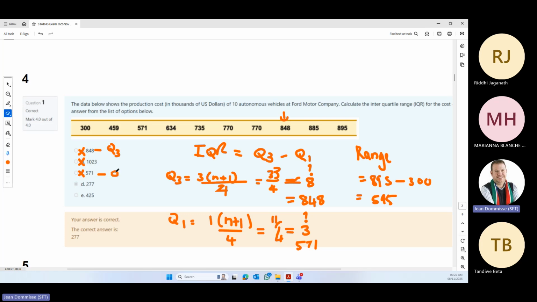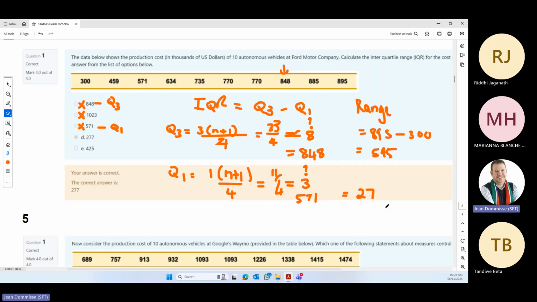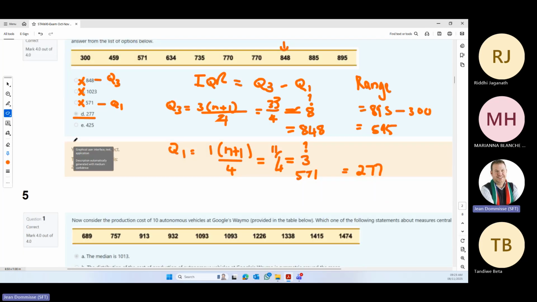That is Q1. If you subtract the two, 848 minus 571 gives you an answer of 277, which is option D. Okay, so basically for this one, it was already ranked.